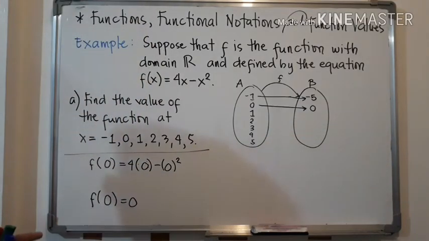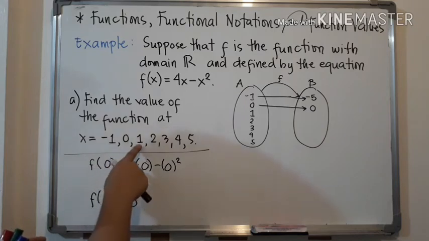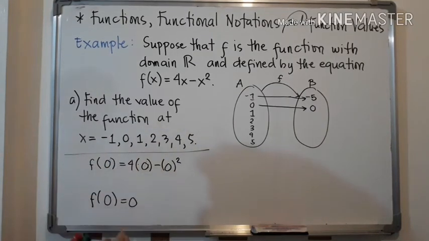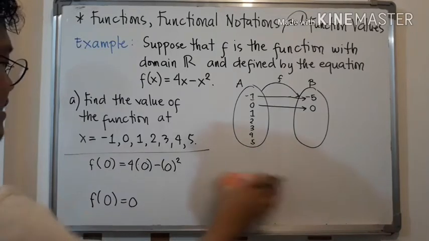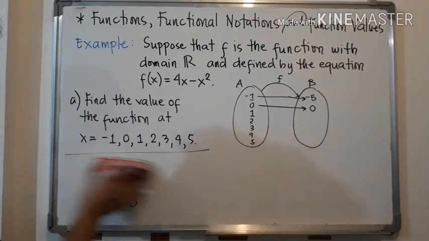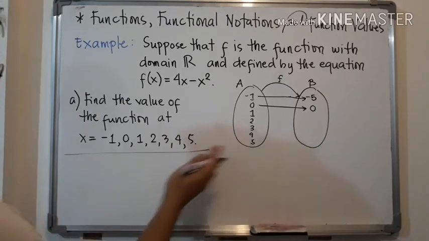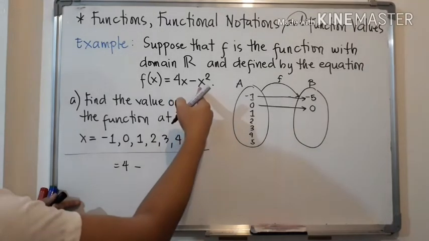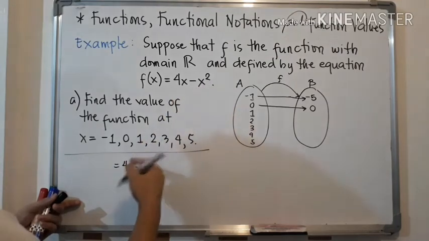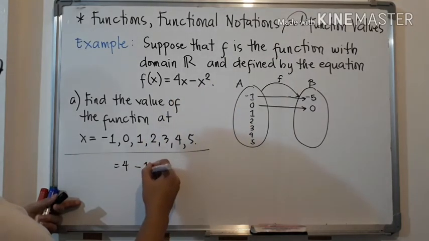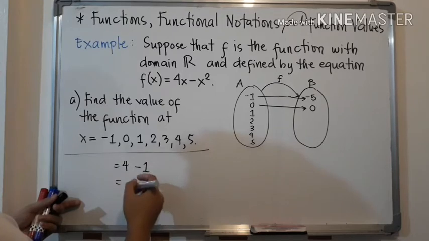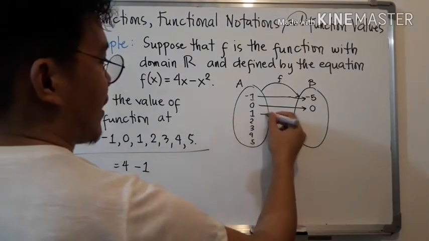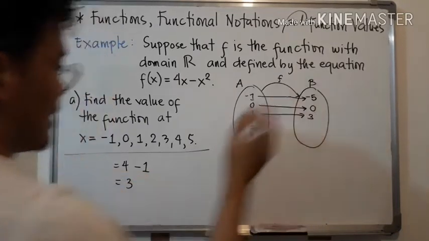You know the process now. 4 times positive 1 is 4, minus positive 1 squared, which is 1. So we have minus 1, and 4 minus 1 is positive 3. Therefore, positive 1 is paired with positive 3.